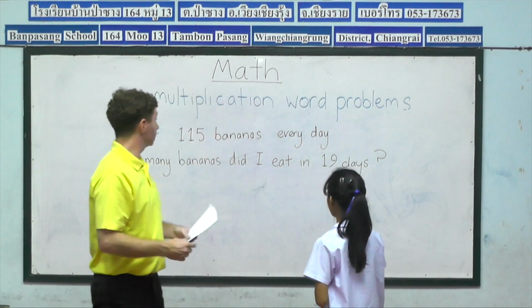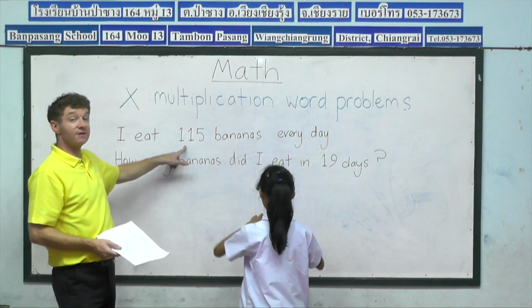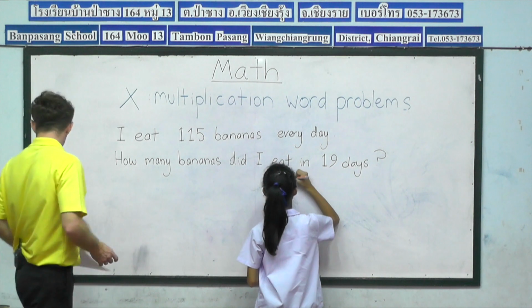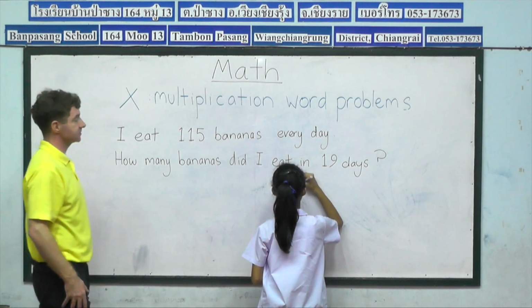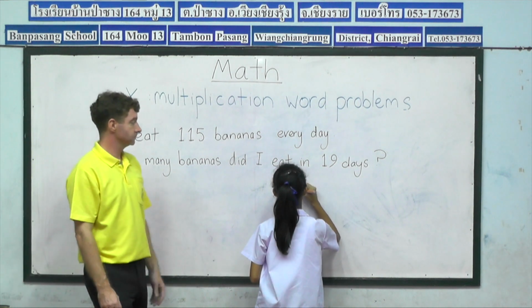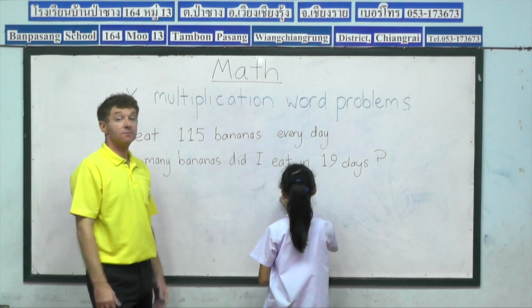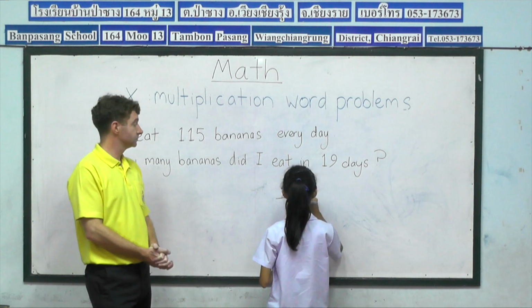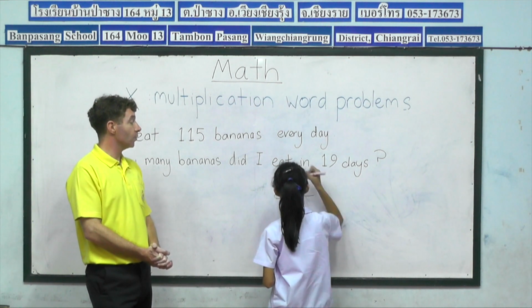Over to you. So first of all, how many bananas every day? 115. Multiplied by how many days? 19. So let's begin with the ones column. 9 times 5? 45.